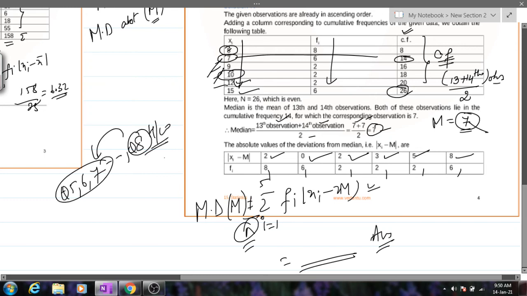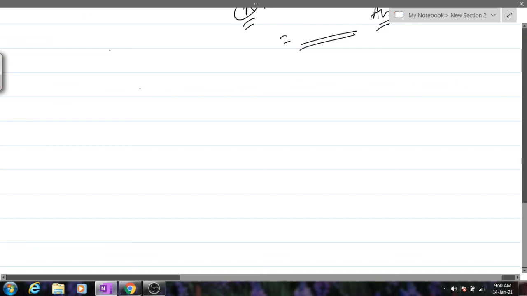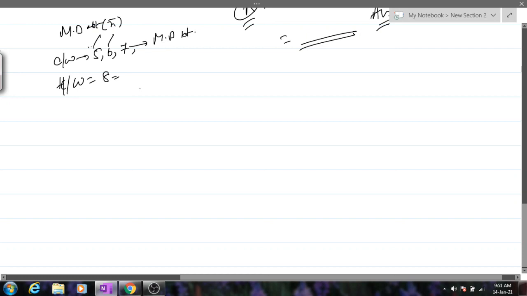So summing up today's class, we have done in classwork 5, 6 and 7. The homework will be question number 8. This numerical was based on mean deviation about mean, and this was based on mean deviation about median, and this numerical was also based on mean deviation about the median.